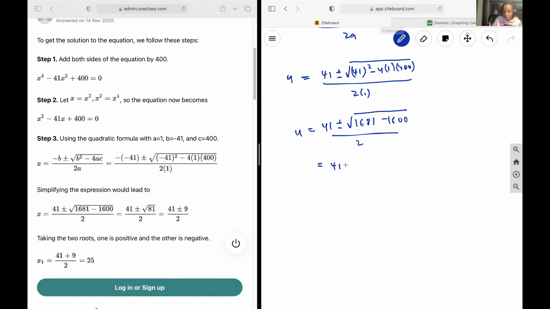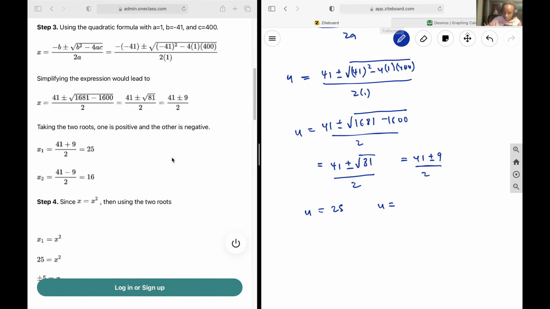And that's going to become 41 plus or minus the root of 81 over 2. Root 81 is going to be 9. So 41 plus or minus 9 over 2. So for our first value, we're going to get u is equal to 41 plus 9, 50 over 2, 25. Or u is equal to 41 minus 9. That is going to give us 32 over 2, 16.